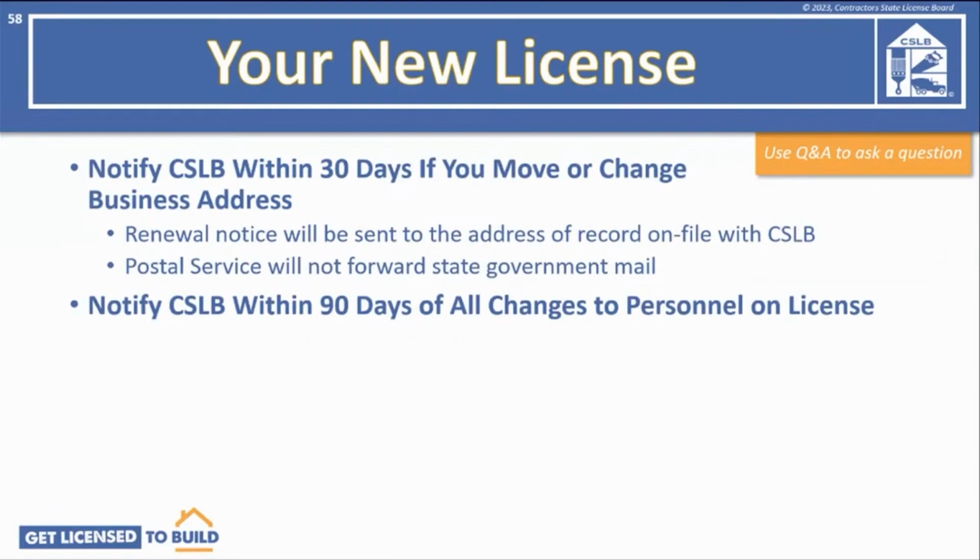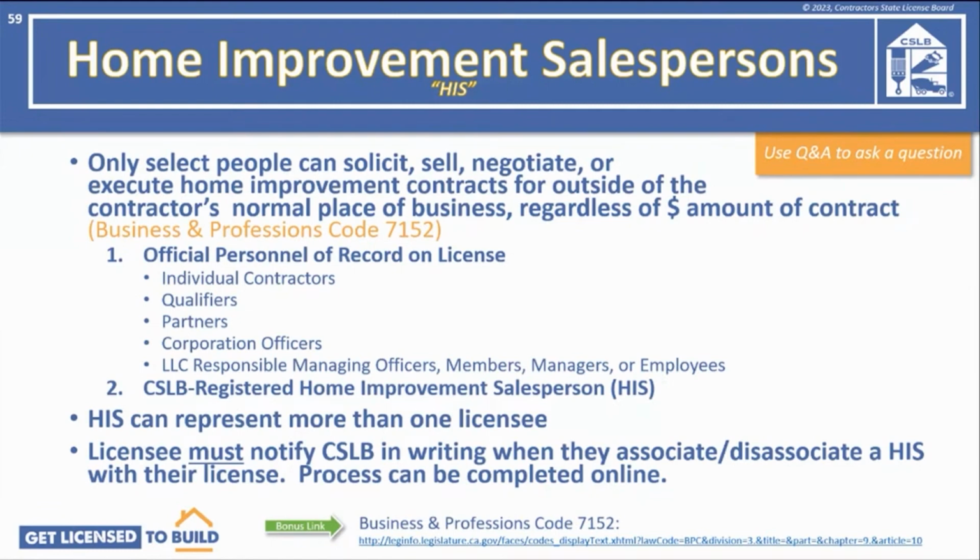Without an HIS, the official personnel of record on the license are the only ones who can solicit, sell, negotiate, or execute a contract. That includes individual contractors, license qualifiers, partners, corporation officers, and LLC responsible managing officers, members, managers, or employees. A HIS can work for more than one contractor.